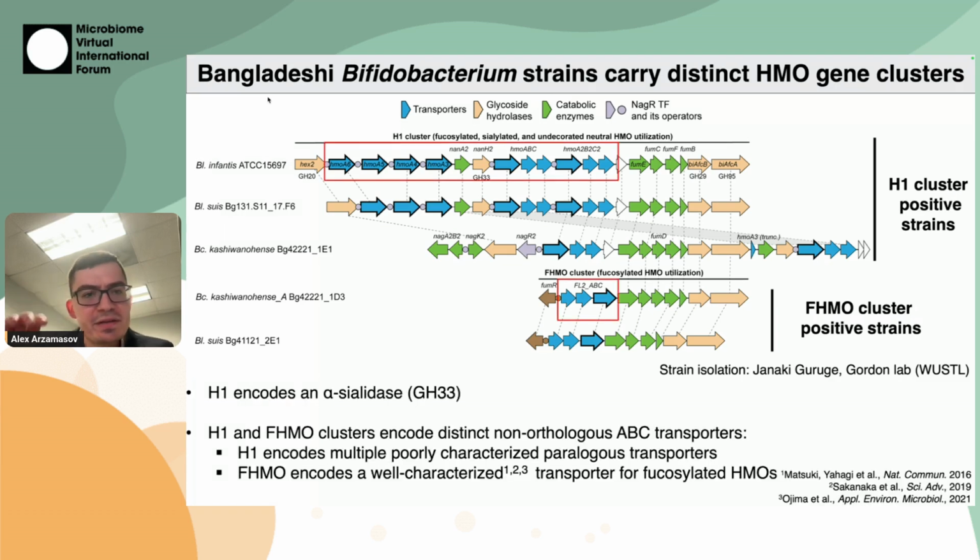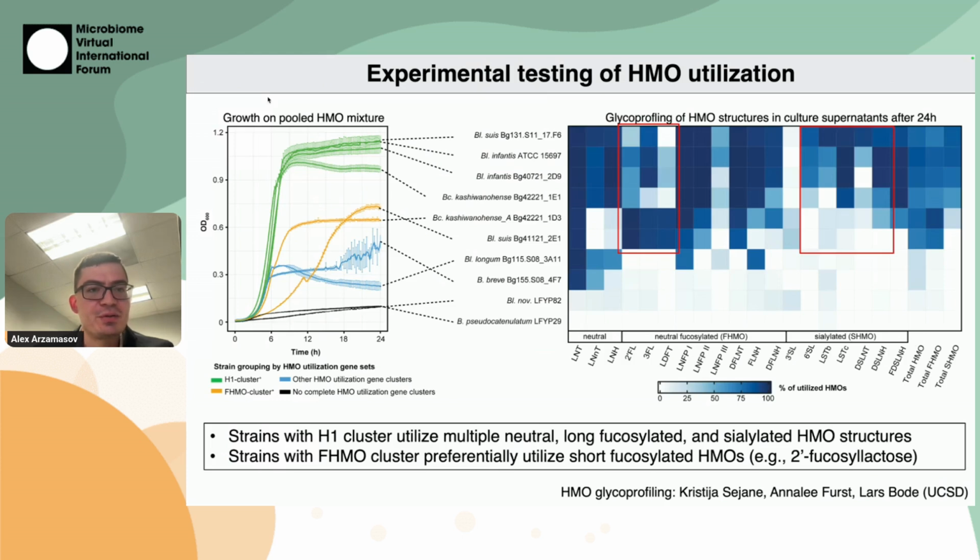And subtle differences between these clusters involve transporters. For example, the H1 cluster encodes multiple transporters. We don't really know their substrate specificity, but the FHMO cluster encodes a different transporter for fucosylated HMOs, which was very well characterized. So we next decided to look how this difference in gene content translates into phenotypic differences.